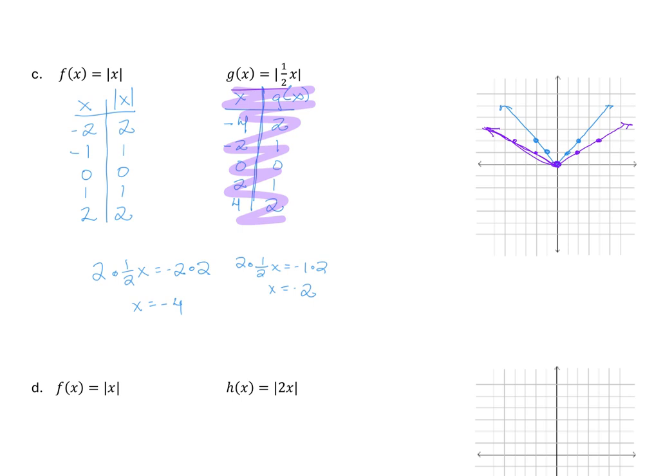Okay, now remember that we do want to be careful because, for instance, you could rewrite this as 1/2 absolute value of x. And even though the graph is the same, it is a different transformation. If we pull out the 1/2, now we are affecting y values, and we are shrinking them by 1/2.